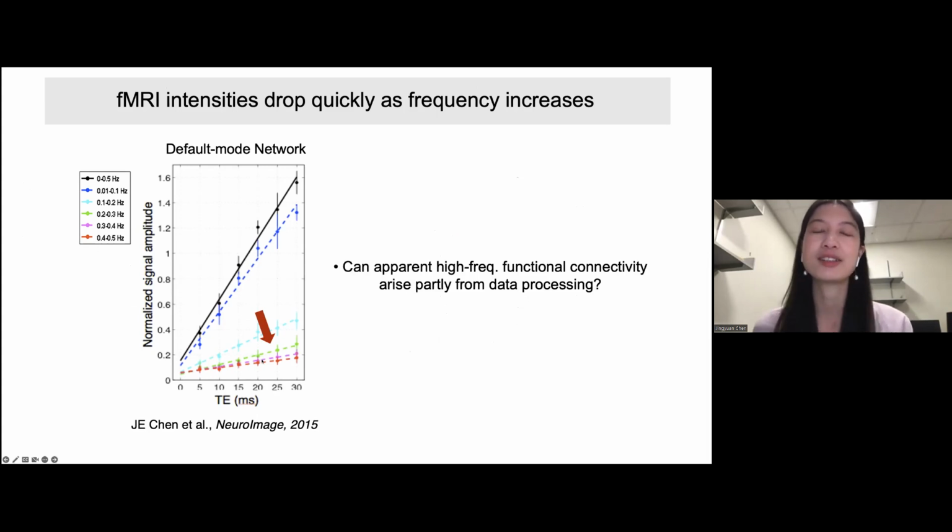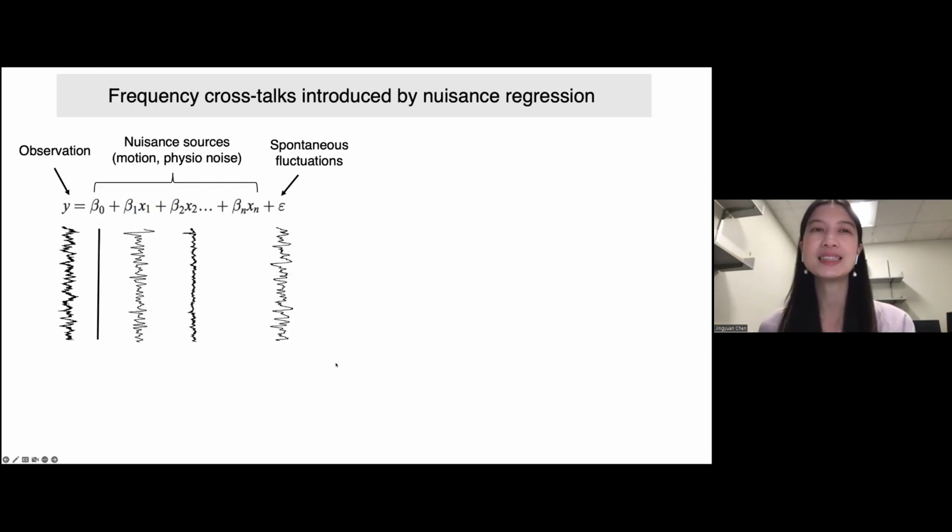And that actually motivated us to think whether some of these faster functional changes arise from data preprocessing instead of biophysical mechanisms. So indeed, we later found there could be some artifacts introduced in this higher frequency regime that contribute to these functional activations characterized by fMRI.